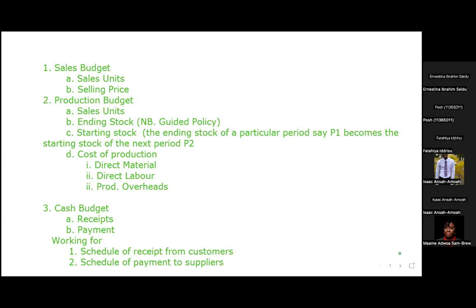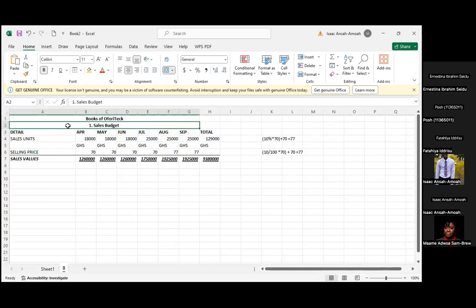Okay, so let's go to the work area, the Excel book. I just want to prepare the production budget.